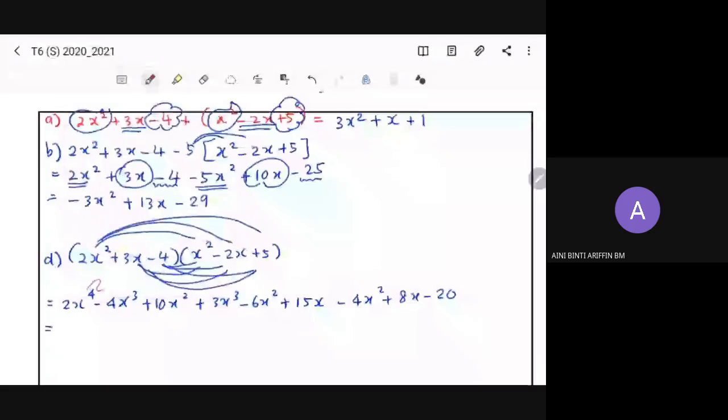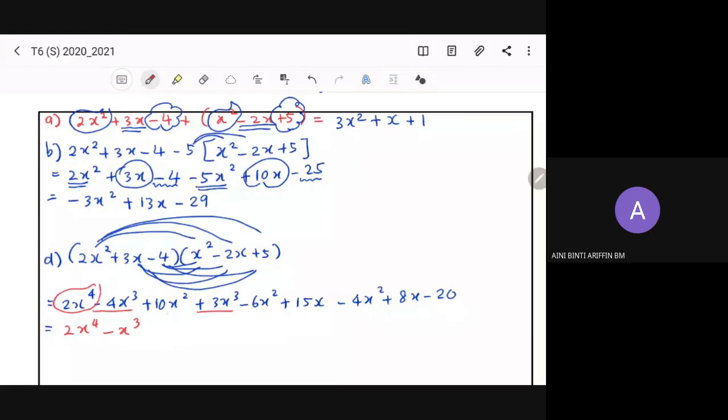We have x power of 4, and okay, tak ada right, x power of 4. So 2x power of 4. Next, negative 4x cubed plus 3x cubed. So the answer is negative x cubed.